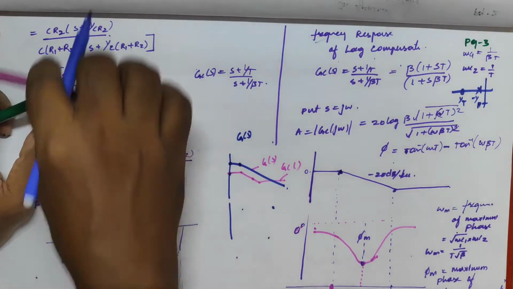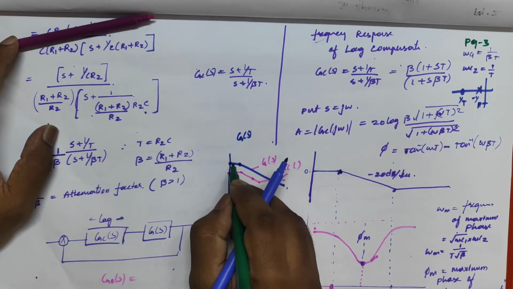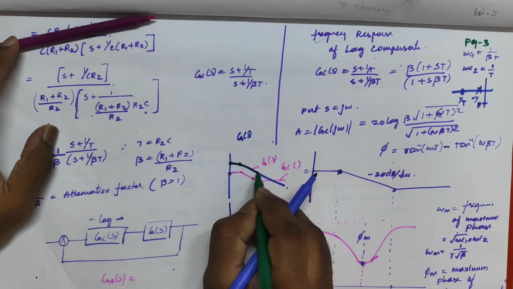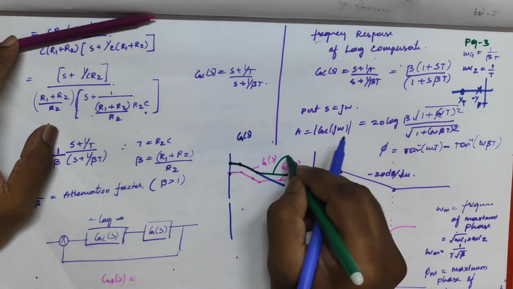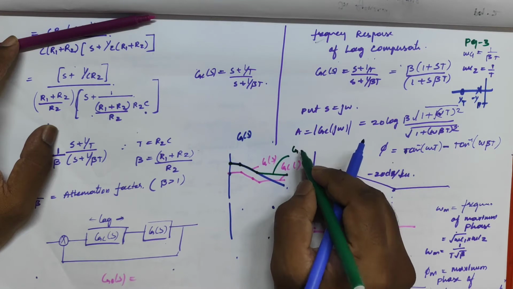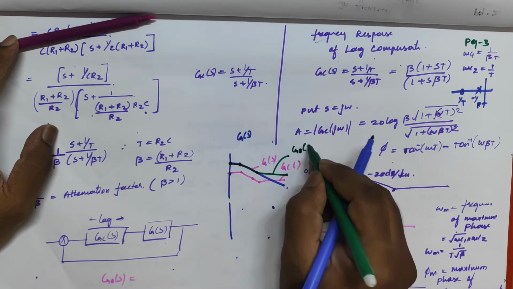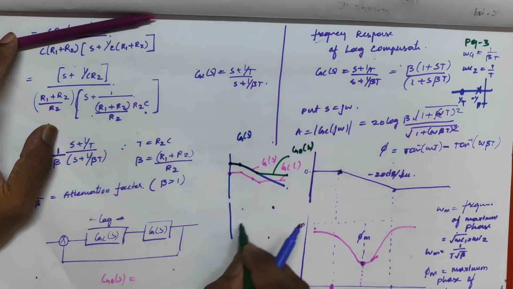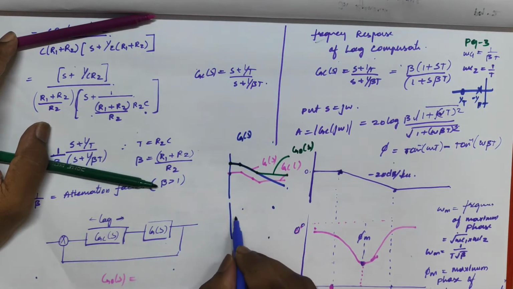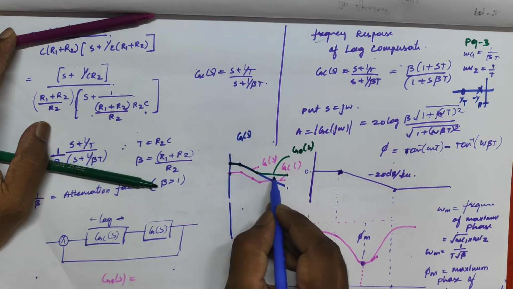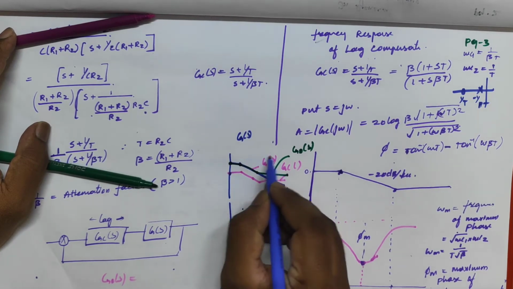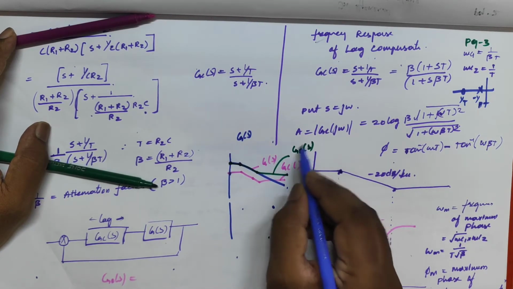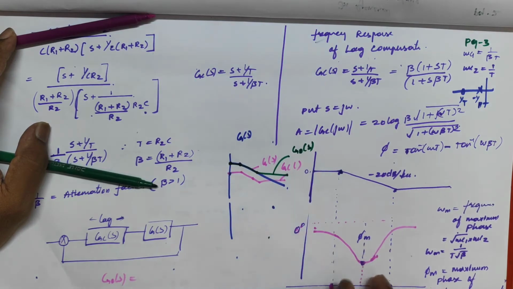For that overall transfer function, I may approach something like this. This is called the compensated overall transfer function. So for our requirement, we are changing the magnitude plot of the given system to obtain the transfer function, and we are increasing the phase.